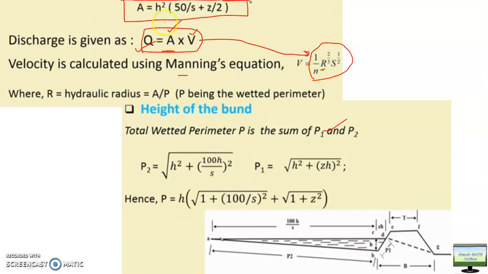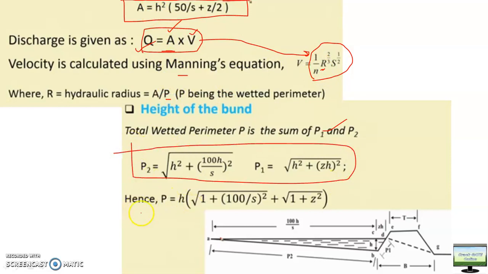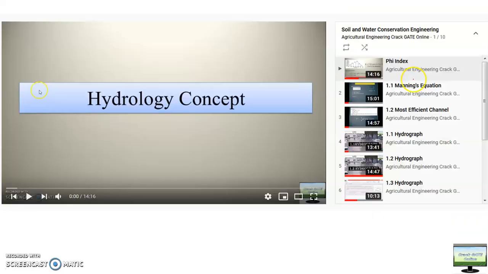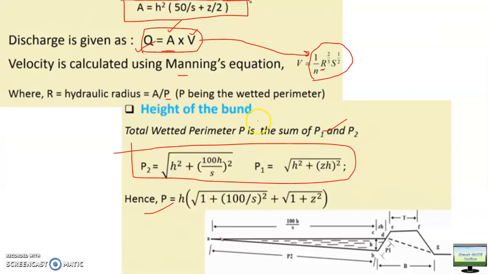A by P. You have calculated A, now you are calculating P. Here I told you how to calculate P. So P became this, and you divide A by P. S will remain the same, that is S by 100, the longitudinal slope.